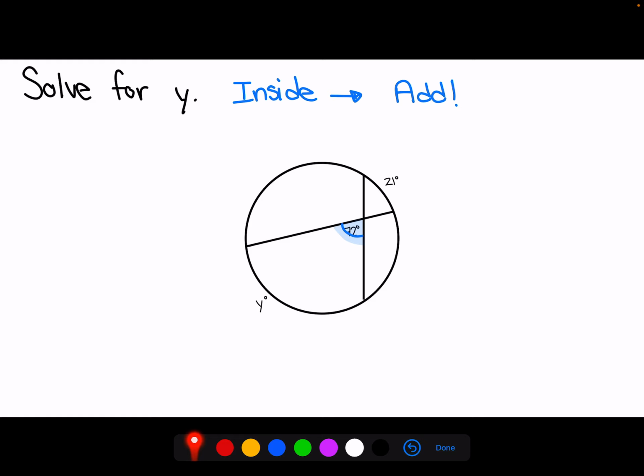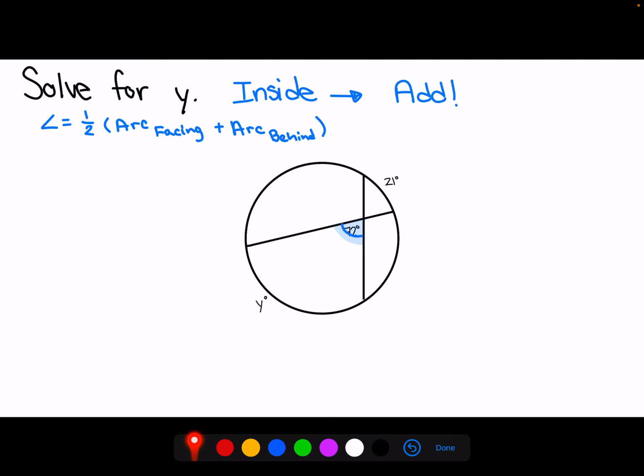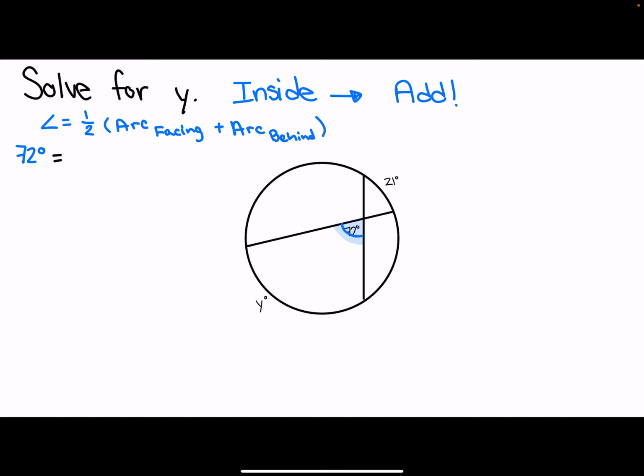So the equation that we're using is our angle is equal to 1/2 of the arc that we're facing plus the arc that's behind us. Well, the arc that we're facing is y, and the arc that's behind us is 21. So therefore, we have 72 degrees is equal to 1/2 times y plus 21.